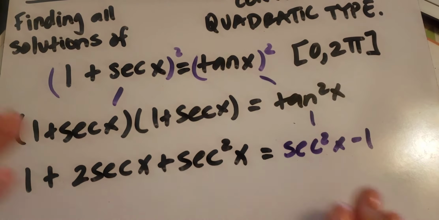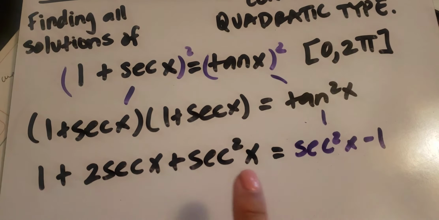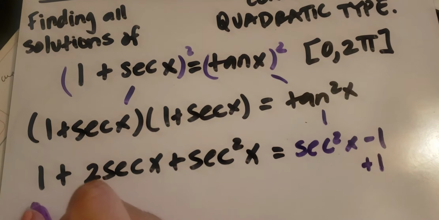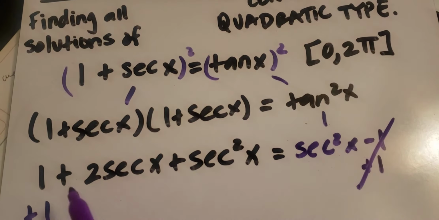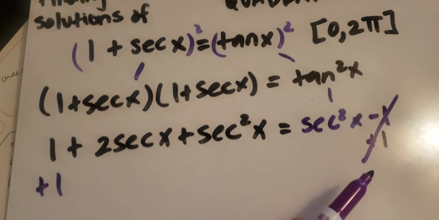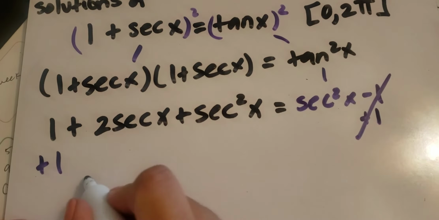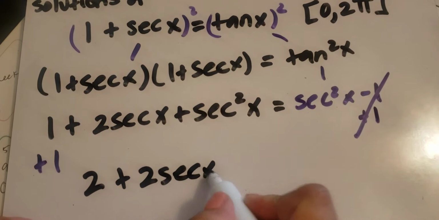Okay, so now remember, whenever we solve an equation, we always want to set it equal to 0. So one of the things that I can do right now is add 1 to the right side, add 1 to the left-hand side. This one's going to cancel, and here we're going to have 2 plus 2 secant of x.